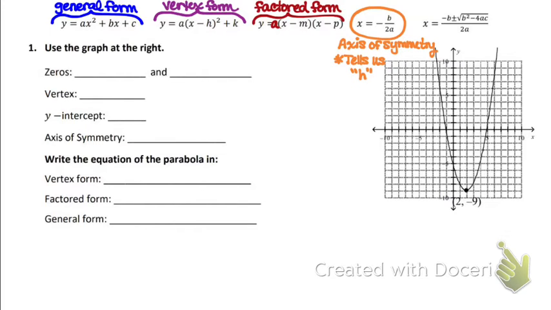So in my vertex form, axis of symmetry goes right through the vertex. So if I do axis of symmetry formula, it gives me the X part of the vertex. It gives me H. What is this thing over here? Quadratic formula.